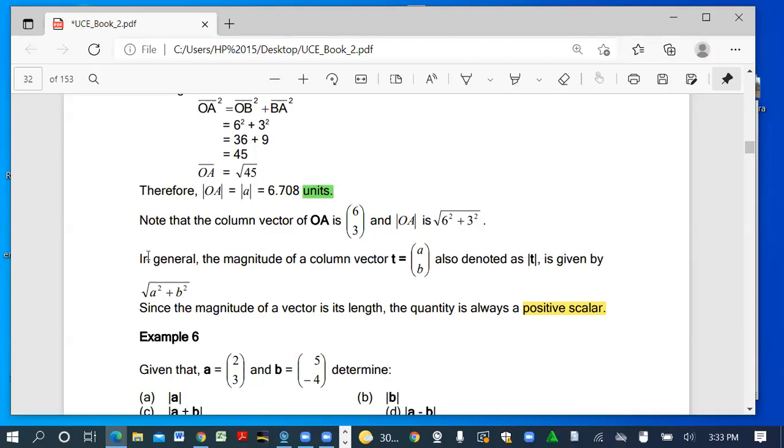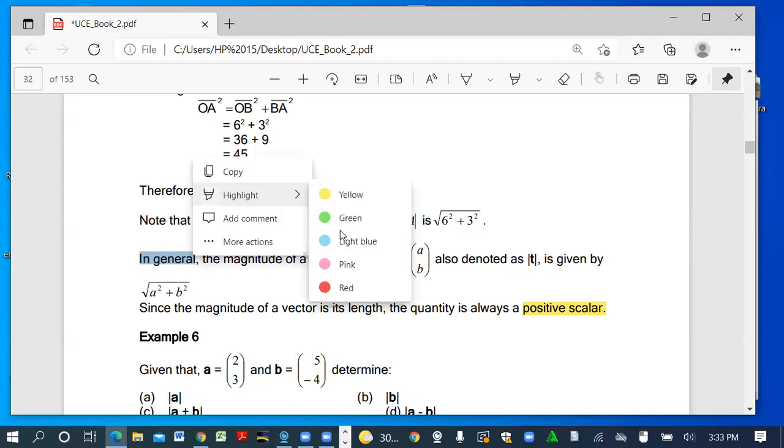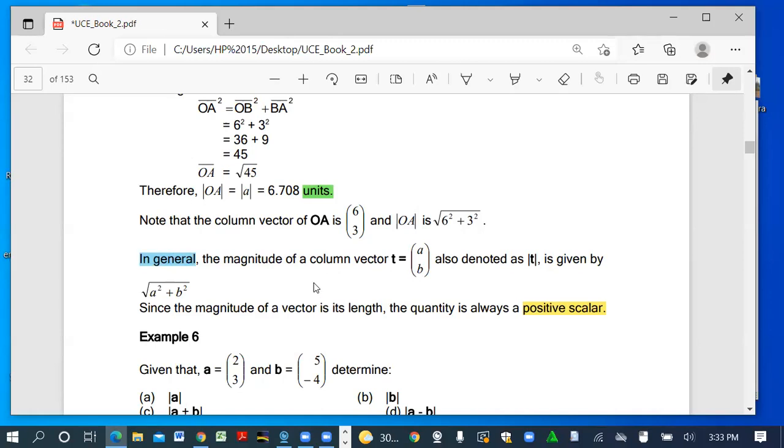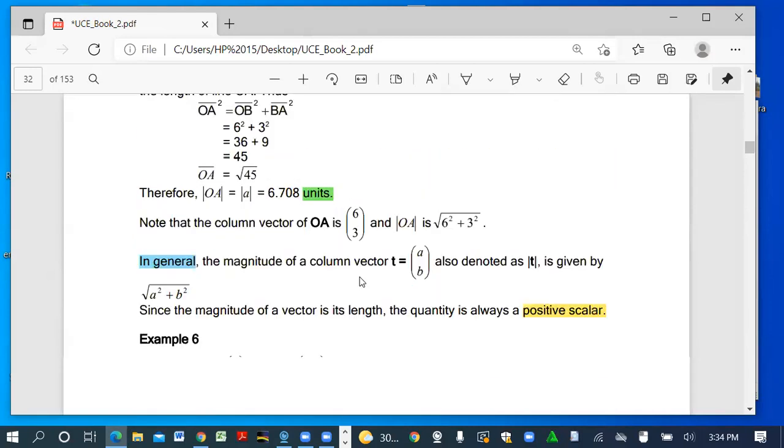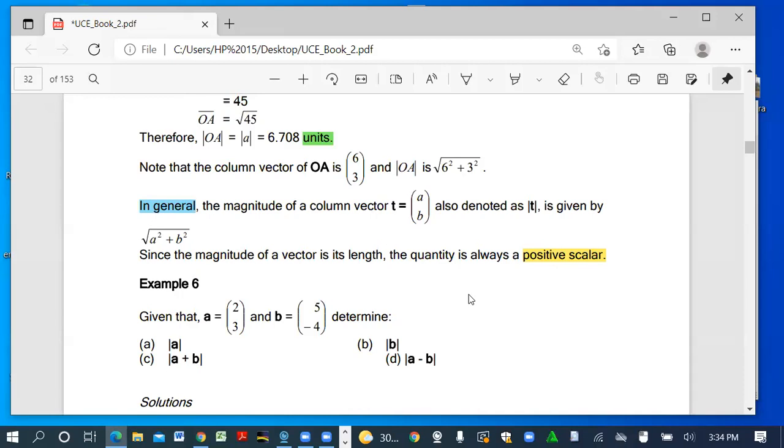So I want you to write for me from here, in general, all together. Let me highlight that one blue. In general, start from where I've highlighted blue up to the point where I've highlighted yellow. But the heading is magnitude of a vector. Are we together? Okay, that's the heading, magnitude of a vector, but start from where blue is up to where yellow is.